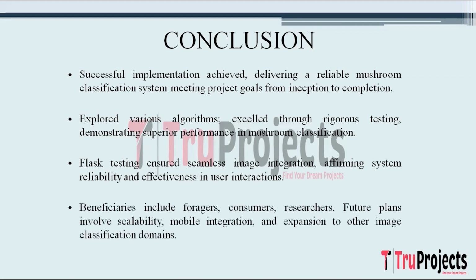So the project's beneficiaries include foragers, consumers, and researchers who can now rely on a dependable tool for mushroom classification. Moving forward, there is an ample scope for scalability, integration with mobile applications, and expansion into other domains requiring image classification, thereby paving the way for future advancements and applications of the project.